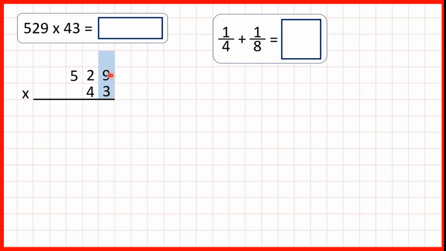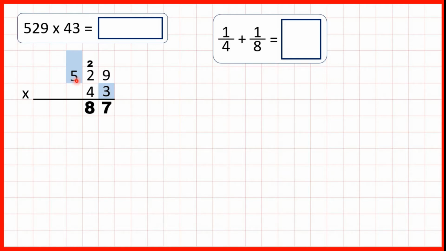So, we start with 9 times 3, which is 27. So that's 2, 7. Now, 2 times 3 is 6, but we need to add the 2 that's above. So 2 times 3 is 6, plus 2 is 8. Now, 5 times 3 is 15.